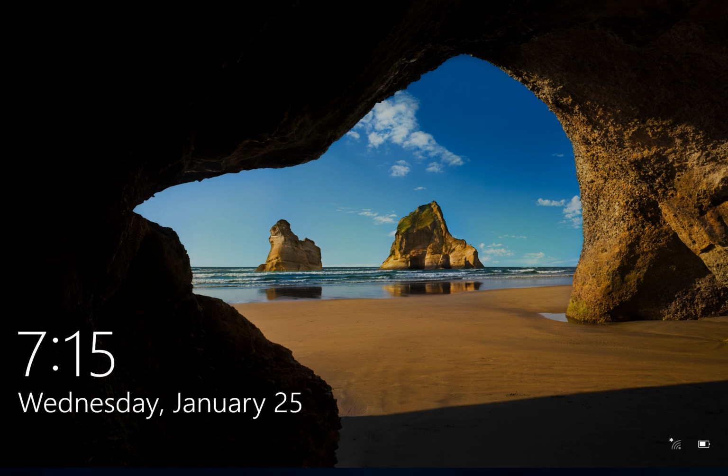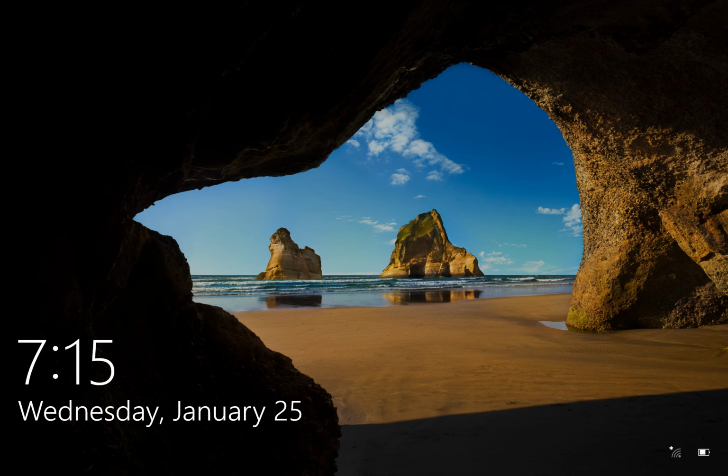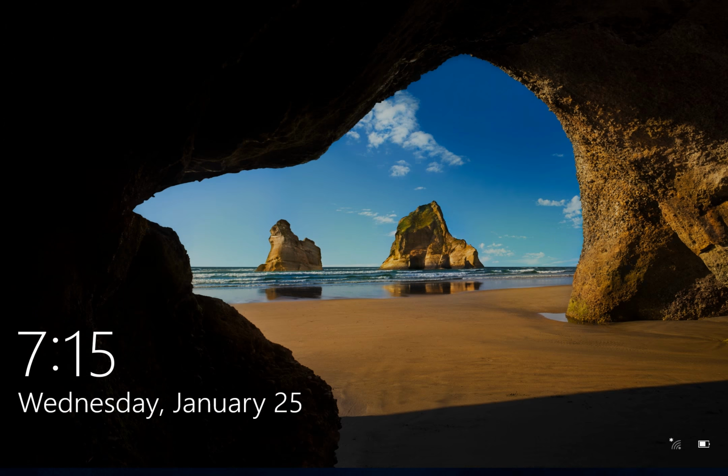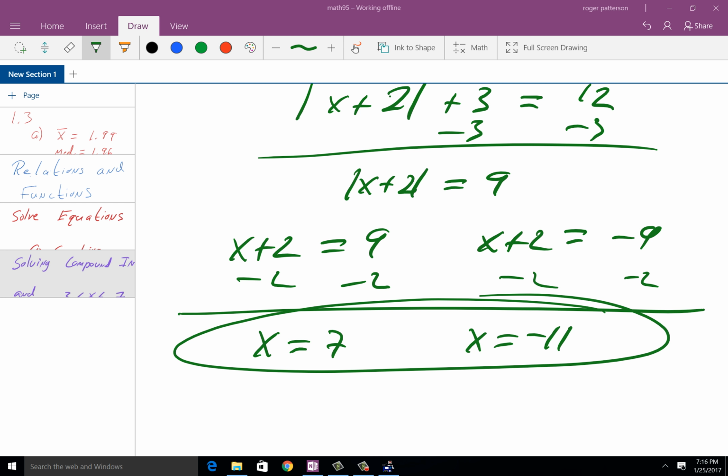So with the absolute value of x minus 1 less than 4, we're going to do the exact same thing that we did before. We're going to break it up into 2 situations. We have x minus 1 is less than 4, which is the obvious case.